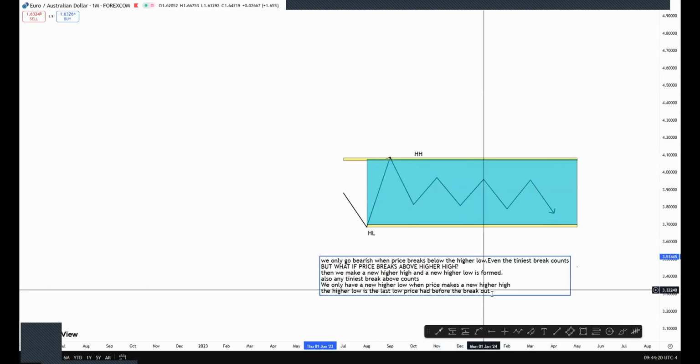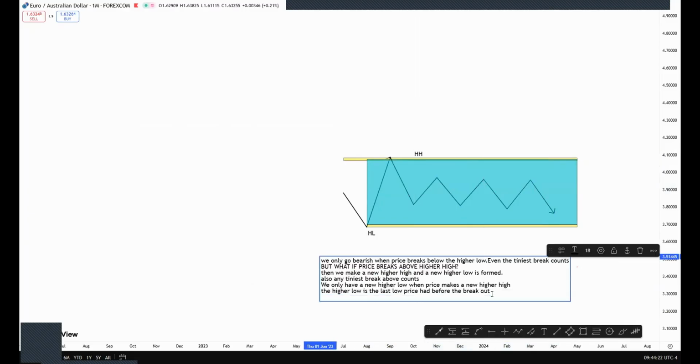So now this goes to the next rule. Whatever happens in between the high and higher low is nothing but only a way to buy more.